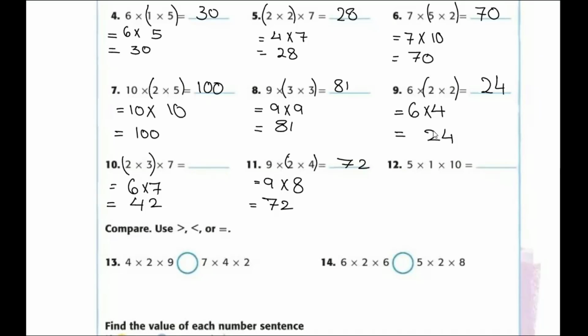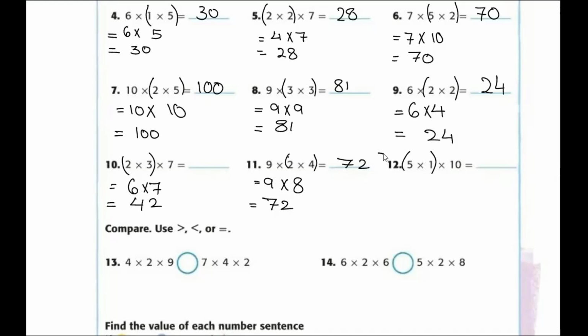Okay. So we need the next one. Taki? Teacher? Yes. Question number 12. Okay. 1 and 5 put in the bracket. And the 10 get down.